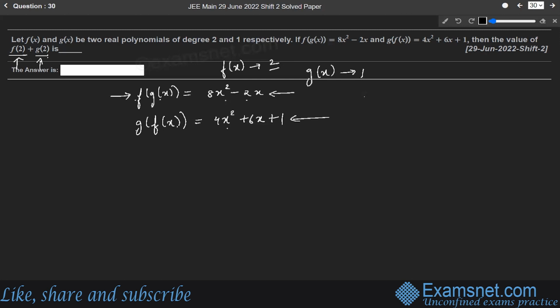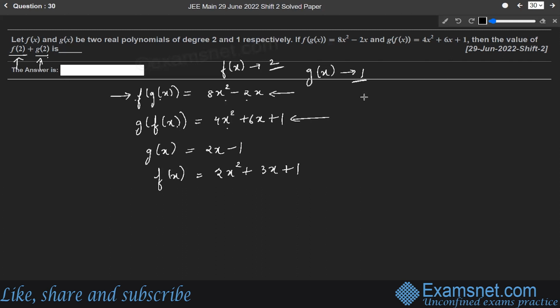And we can use the hint that f of x has the degree 2 and g of x has the degree 1. So here g of x will be equal to 2x minus 1 and f of x will be equal to 2x square plus 3x plus 1. You can see that by using the hint, f of x has the degree 2 and g of x has the degree 1.